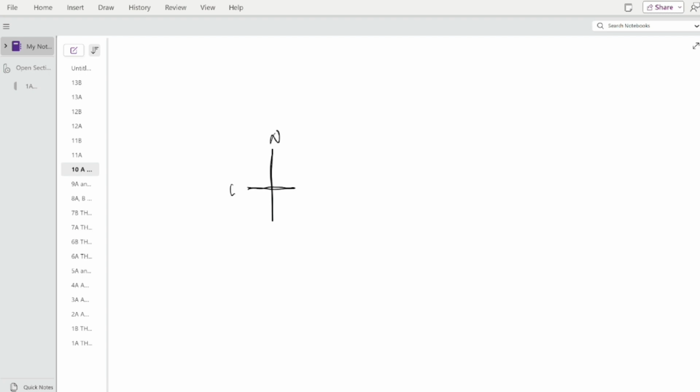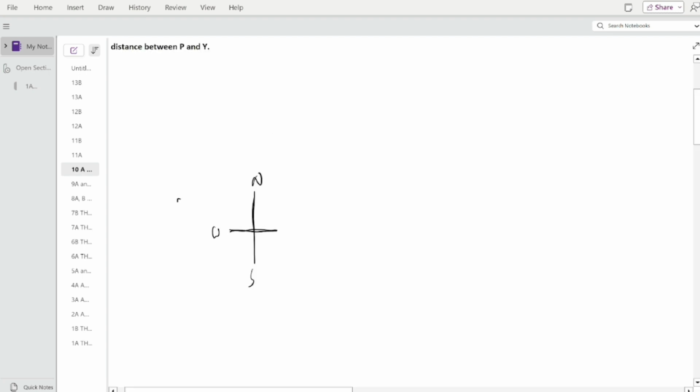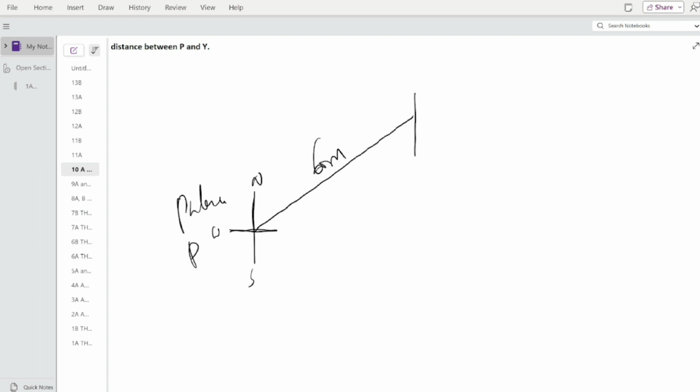We have our 4 cardinal points here. We have our north, our west, our south. Then we have our palace P here. Palace P, we draw 60 meters. We have our north, west, east.